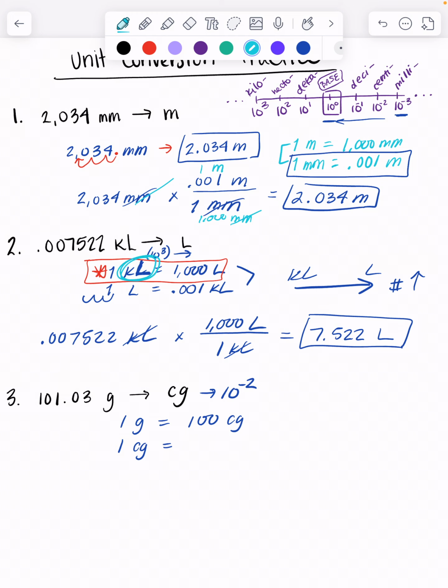Kilo is 1,000. Centi is literally 10 to the negative 2, and that's going to be 100 in this case. So literally just do your little hoppy hop on your timeline, and you should get to the right amount for each conversion.